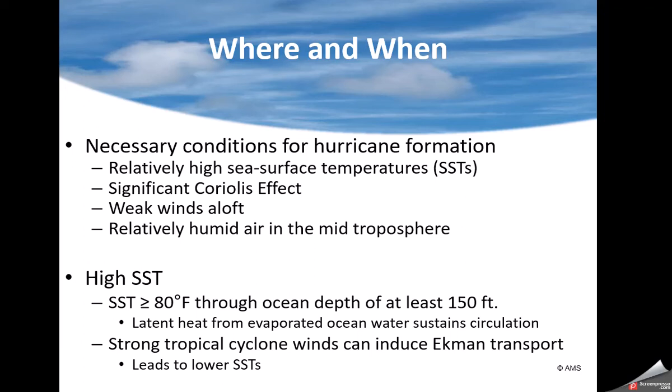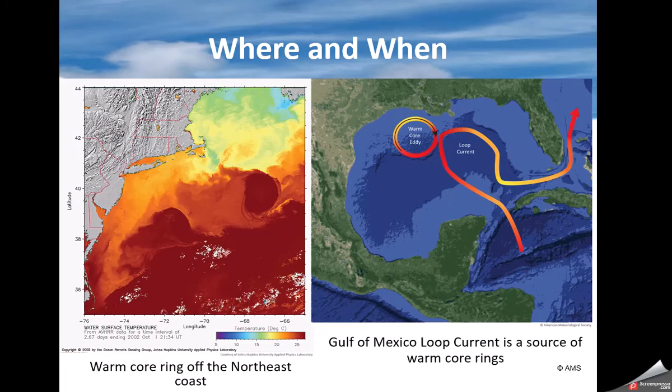The strong tropical cyclone winds can induce the Ekman effect, which might lead to lower SSTs along a path or under it. And you can see here the loops. Very warm, very humid conditions develop along the Gulf Stream, and you see these little eddies of warm water.